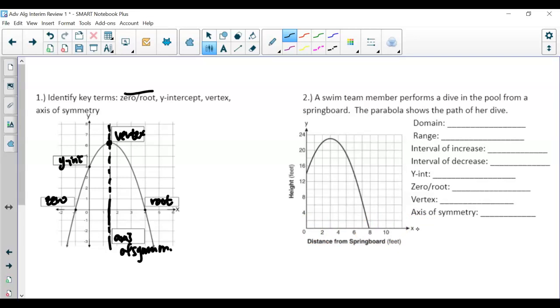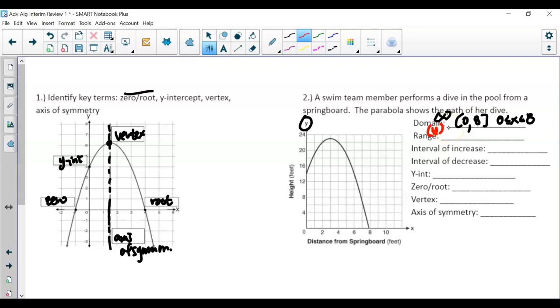So again, what's the domain? Remember, the domain is the x values. So don't start here at 14, right? That's on the y. So the domain is starting at 0 and going to 8. So this is 0 to 8. Then the range is the y value.